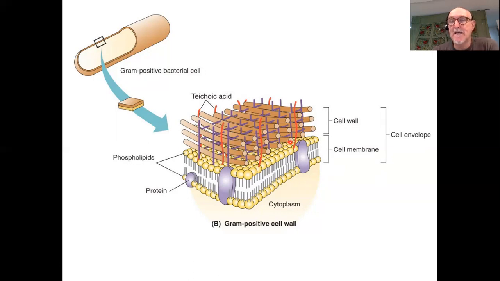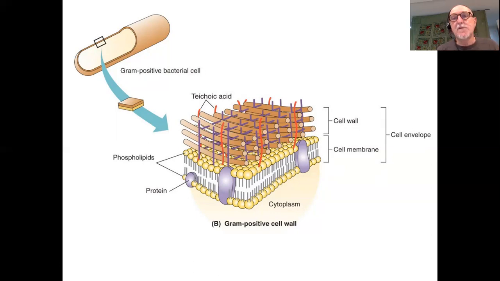It's a very simple staining technique, and I'm hoping that you do have an opportunity in lab to do it. But it is a classical clinical staining technique to distinguish between gram-positive and gram-negative bacteria.